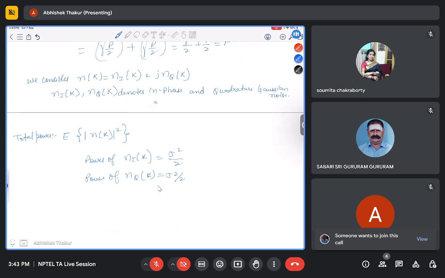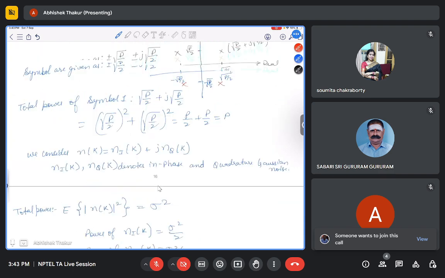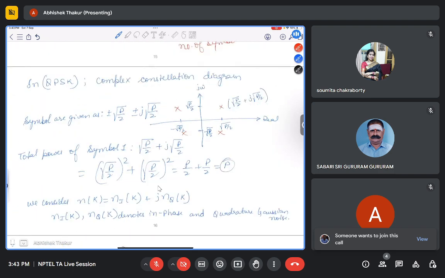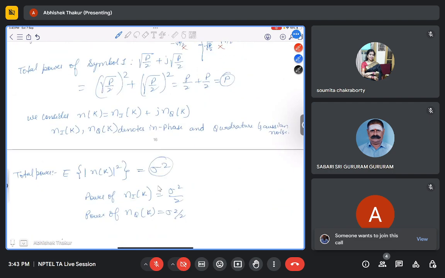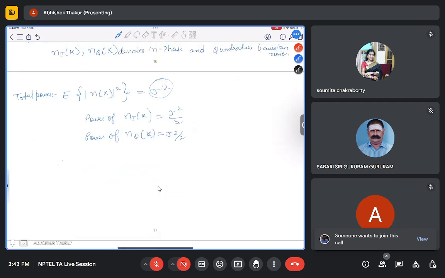So the power of this noise is equal to sigma square. Now what will be the signal power to the noise power? That will basically be P by sigma square, because total power is P and the noise power is sigma square. So SNR in this case is again P by sigma square.